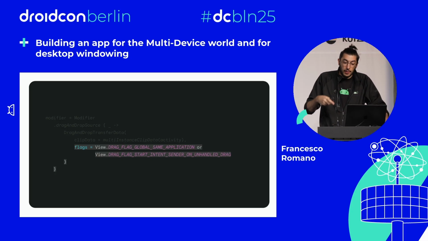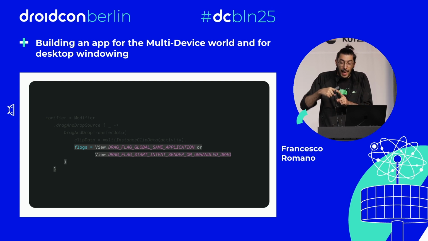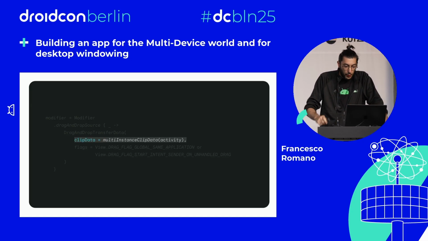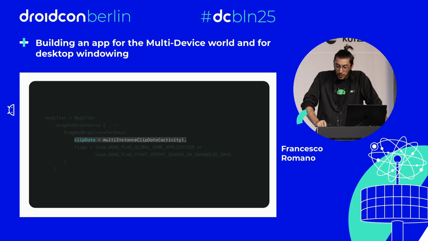Drag flag start intent sender on unhandled drag tells the system that if the drop event happens outside of any visible window, it should be delegated to the system itself. You may be asking, okay, but how does the system know which activity to start? We are providing the information in this function. Let's have a deeper look.